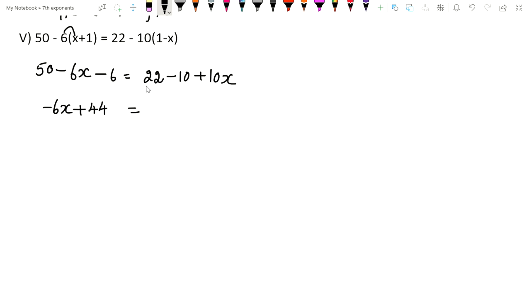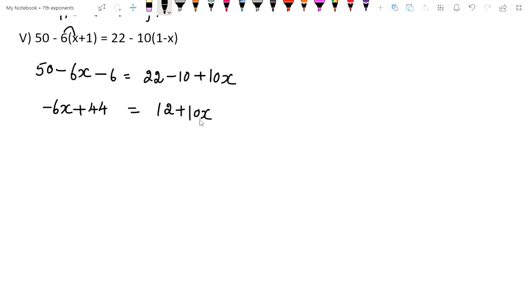First you multiply this. 50 minus 6 into x 6x minus 6 into 1 minus x equal to 22 minus 10 into 1 minus 10 minus 10 into minus x plus 10x. Okay. 50 minus x, what you will get children? Minus 6x plus 44 equal to 22 minus 10, 12 plus 10x.